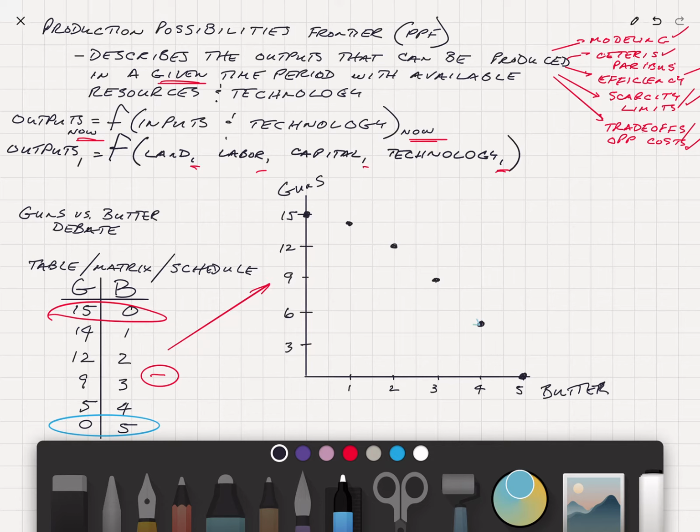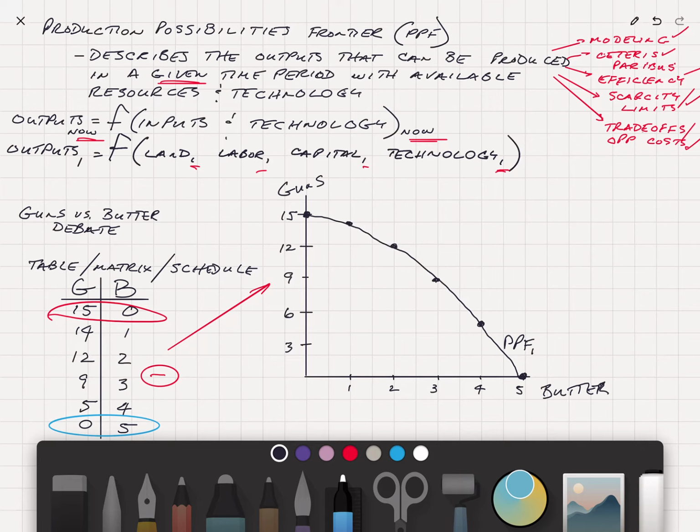Now we have 6 discrete points. What we want to do in the model is we want to draw our functional form like that. And now we have our production possibility frontier at time period 1 or with a given set of assumptions 1.